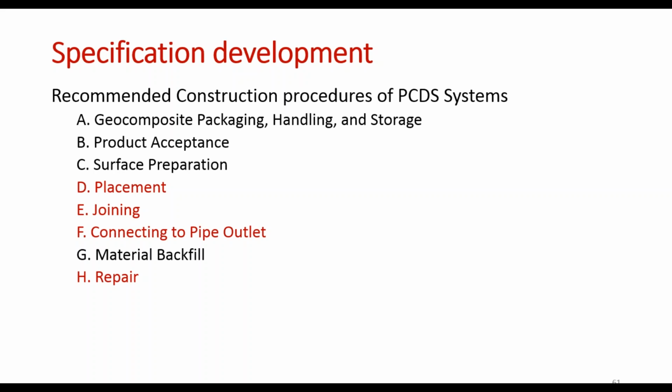So we followed the format of the current existing specifications for other products, and we recommended the packaging, handling, storage of the geocomposites on site, and also how to accept the product and how to prepare the surfaces before you place these systems. And we focused on, for example, the placement method, the joining method, and the connecting to the pipe outlets and the V-posts, and also the repair.